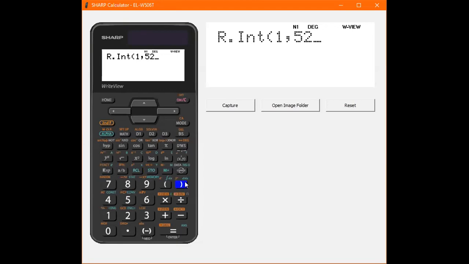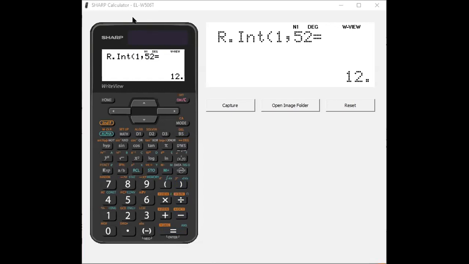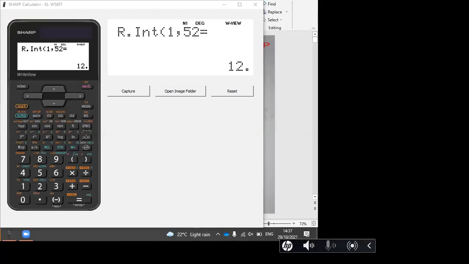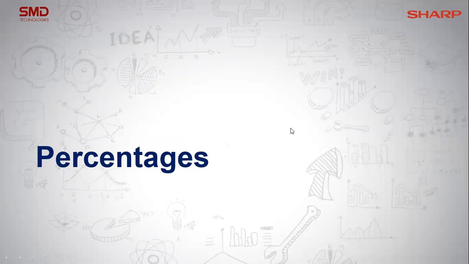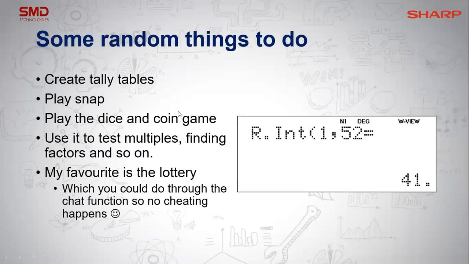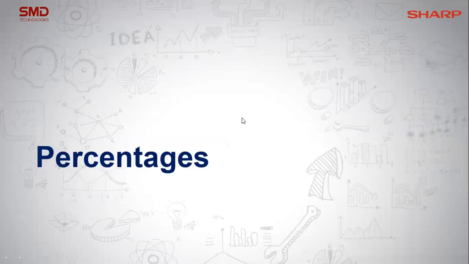They switch their piece of paper with the friends next to them, and then we go, okay, lottery number 1 is 40, and we write it down, and the next one is 43 and 15 and so on, and then we see if any students actually get anywhere close to the lottery numbers. I haven't had any students yet win the lottery, so there you go. It's quite unlikely to happen as well. But there's lots of nice things that you can do with your random function as well.